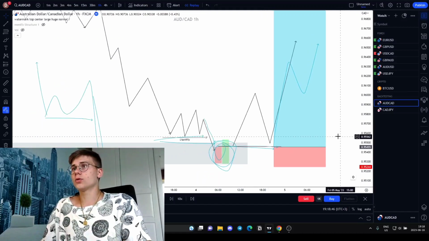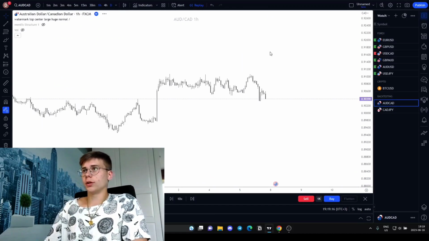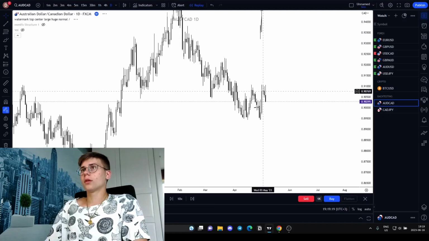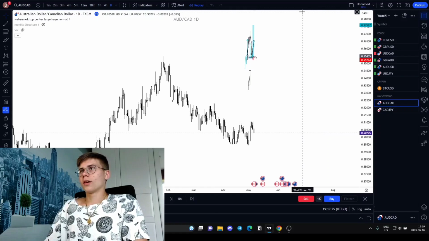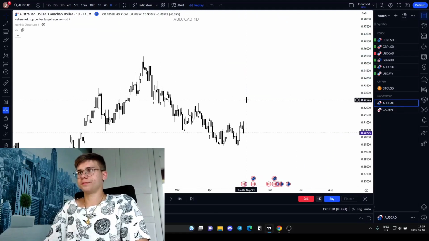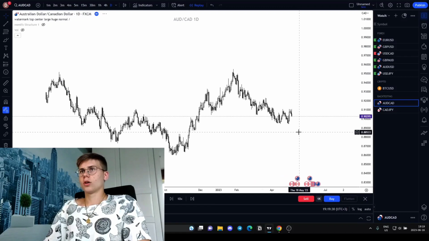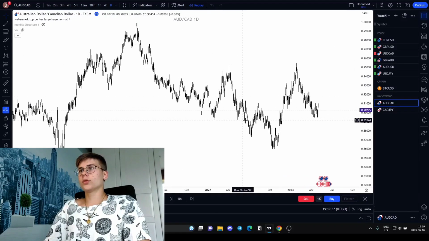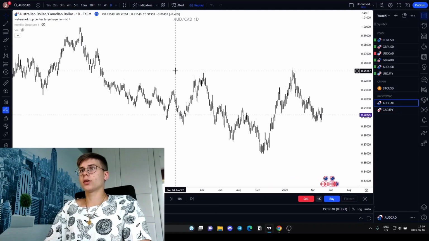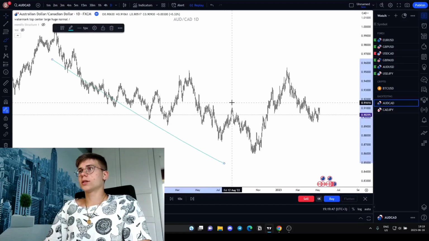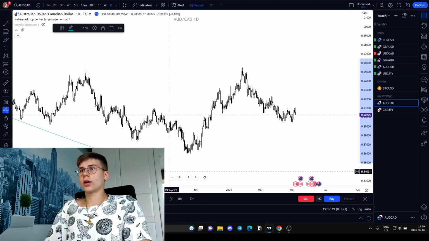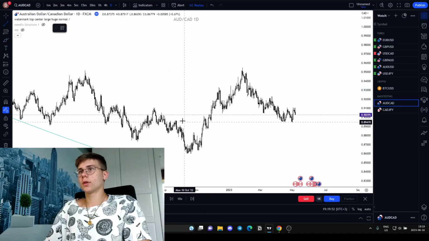Let's go to the testing, starting from the daily time frame. Sorry for lagging. In the previous months we had a clear bearish structure like this, and now we are kind of switching to the bullish side, because there was a break here, then here.